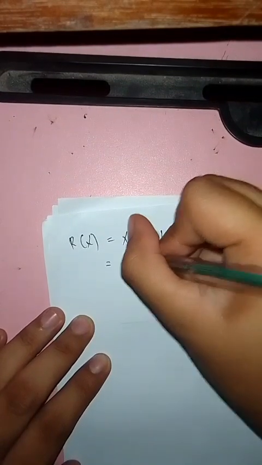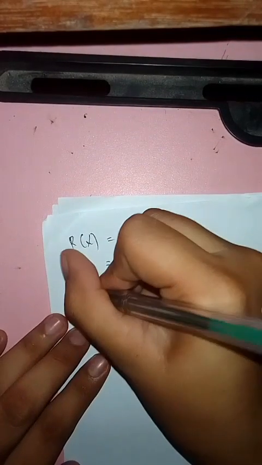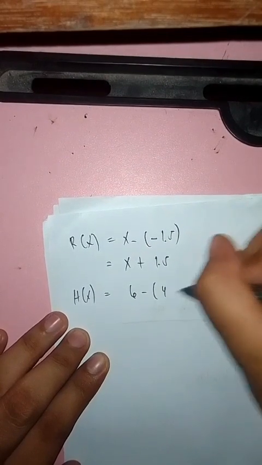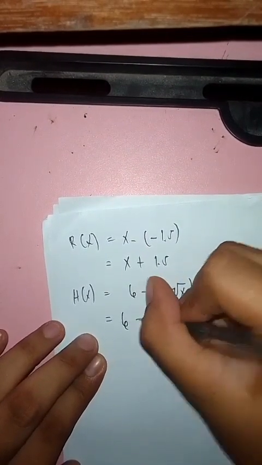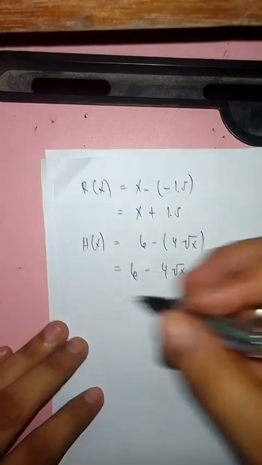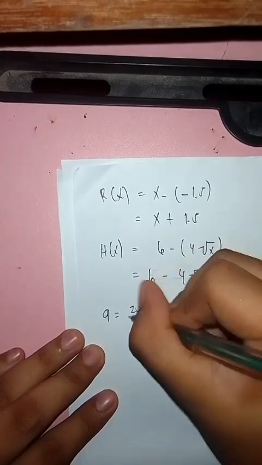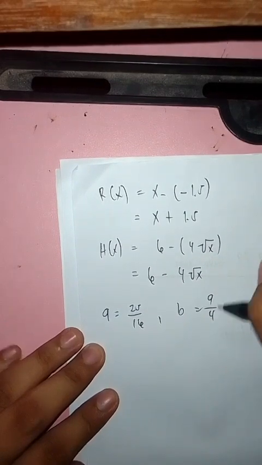This will become x plus 1.5. And our h(x) is equal to 6 minus 4 times the square root of x, that is, 6 minus 4 square root of x. Now, using the formula, our boundaries are a equal to 25 over 16 and b equal to 9 over 4.